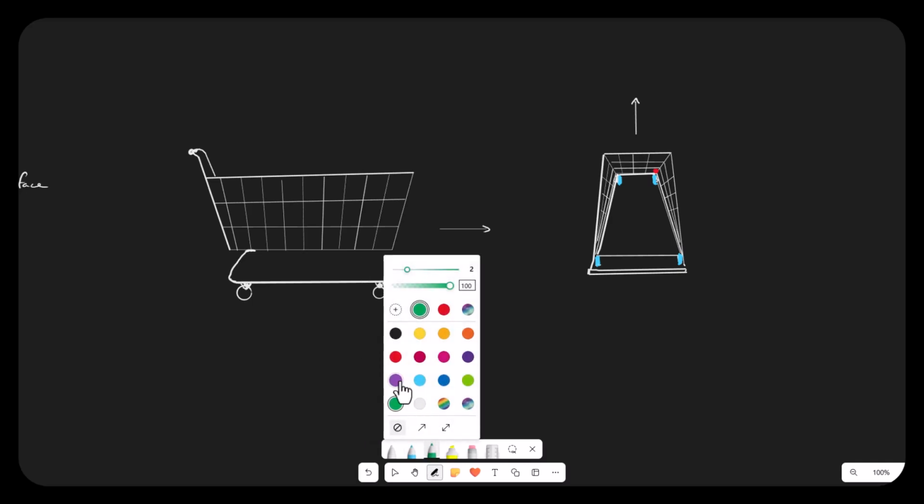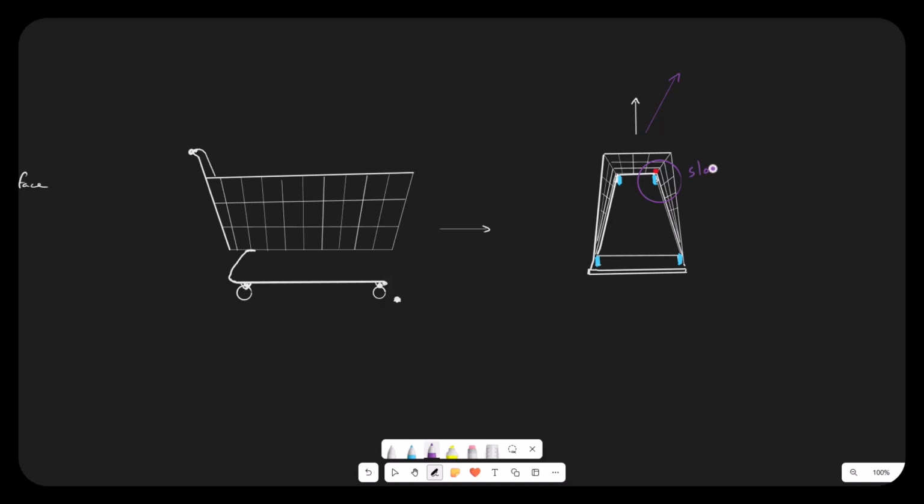My shopping cart turns. I start going now this way. And I do that because this front wheel has slowed down. And because it slows down, I move in that general direction. I turn in the direction of what's slower.